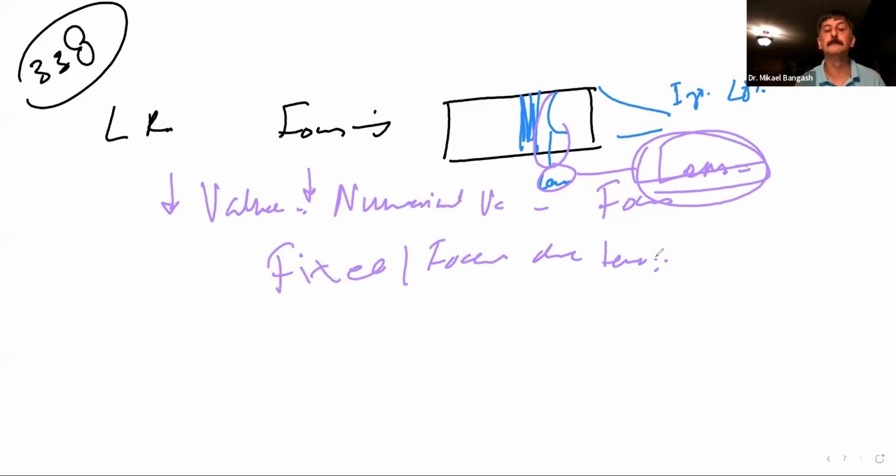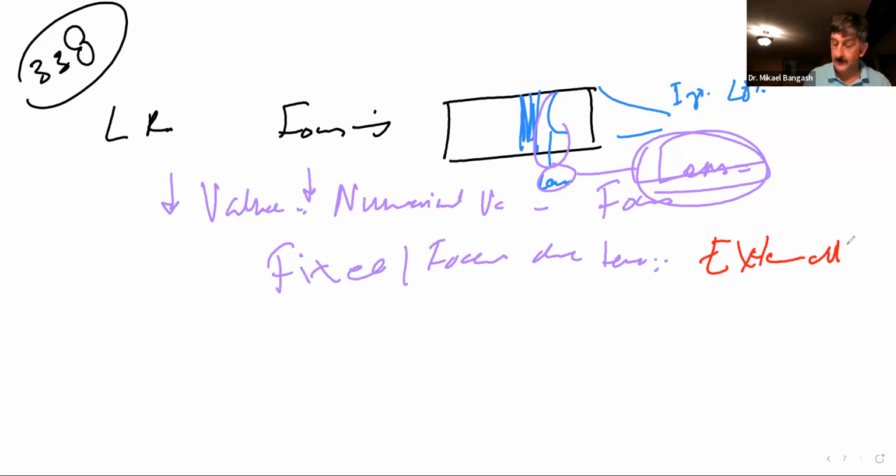What would that be? External fixed focus? External, exactly. It's external.